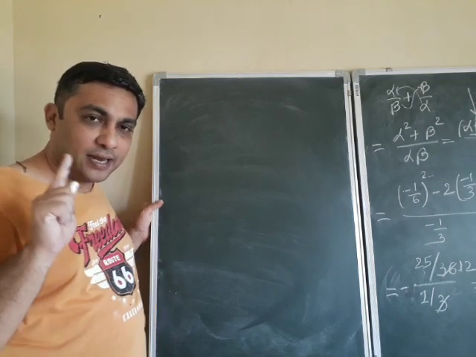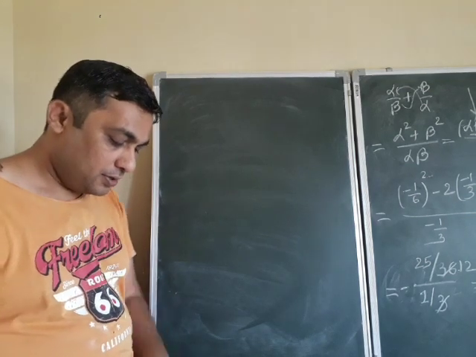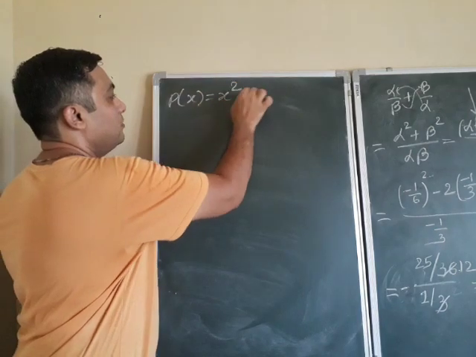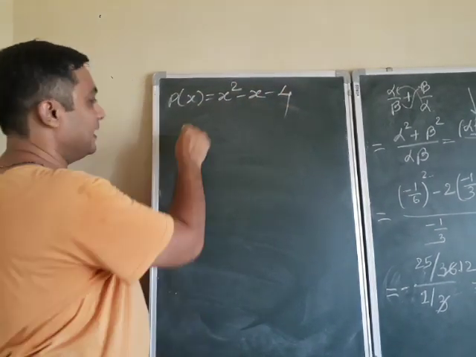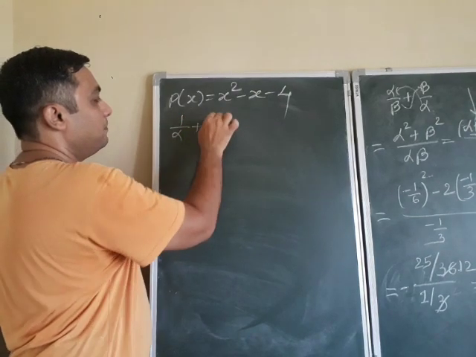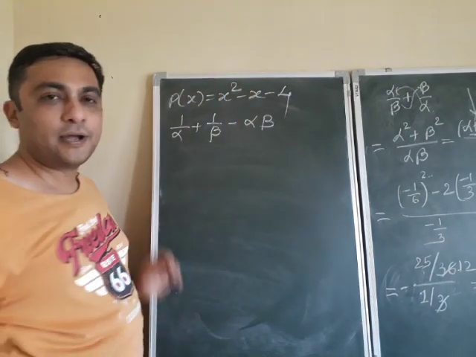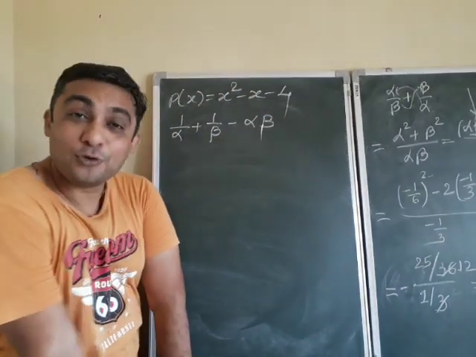So if alpha and beta are the zeros of the polynomial p of x equal to x square minus x minus 2, clear? Then find the value of 1 upon alpha plus 1 upon beta minus alpha into beta. Find this value. Now you can do two methods.